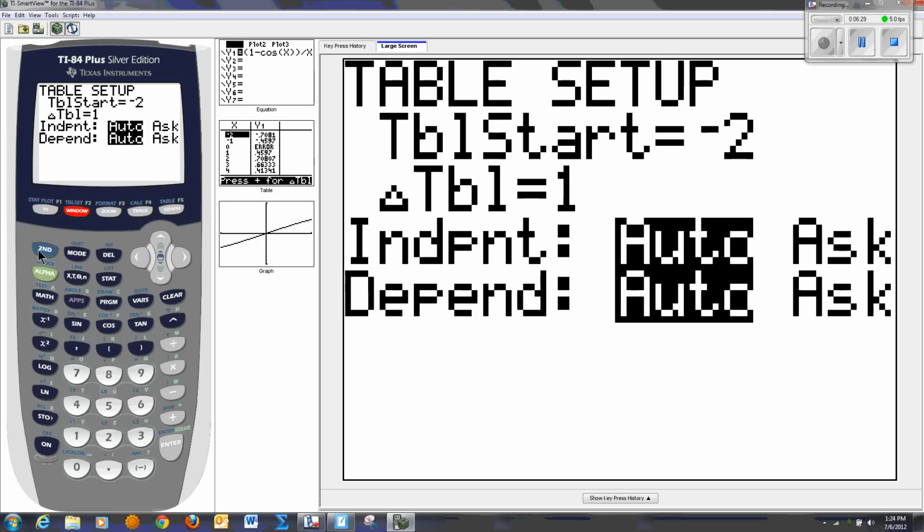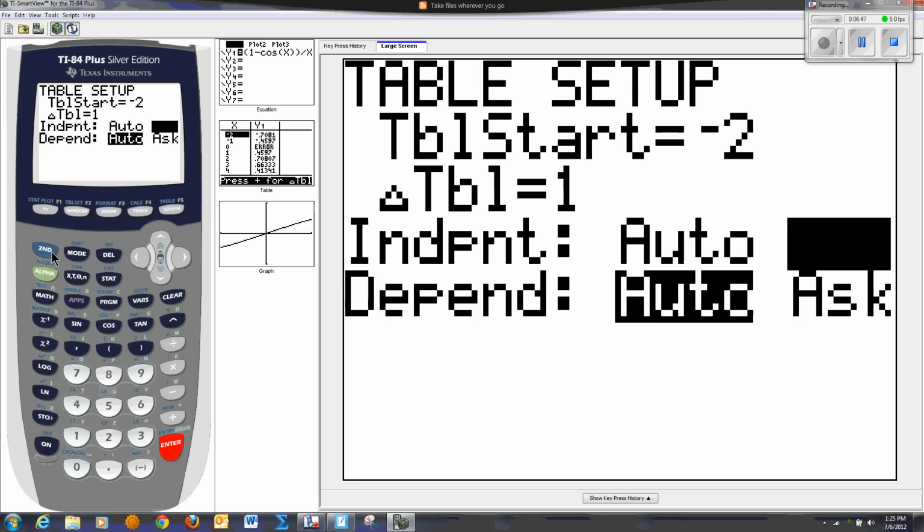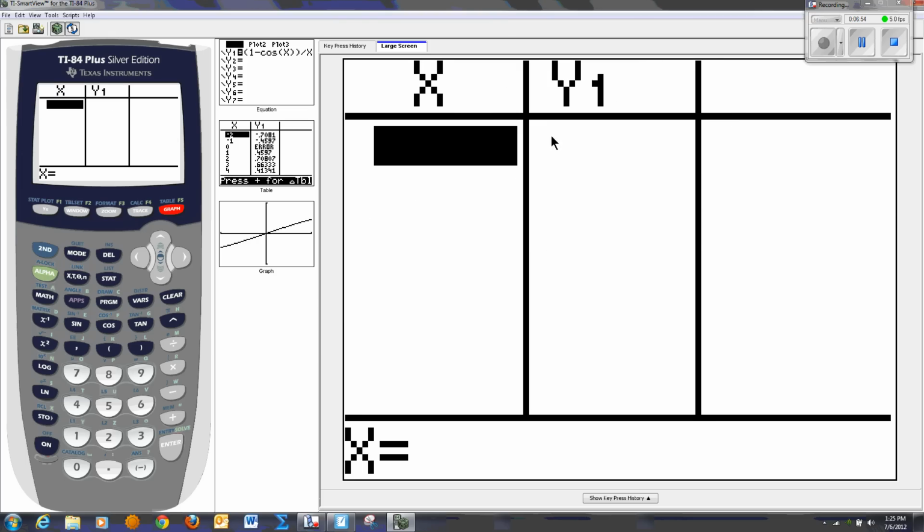What I just did was hit second and window, which is table set, and I'm going to tell the calculator, let me choose an x value and you give me the y value. To do that, I go over to independent, hit ask, and then go back to my table. I hit second and graph, which goes to the table, and notice I have a blank screen.